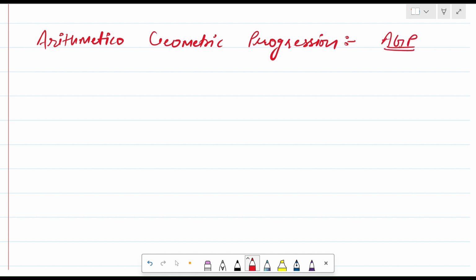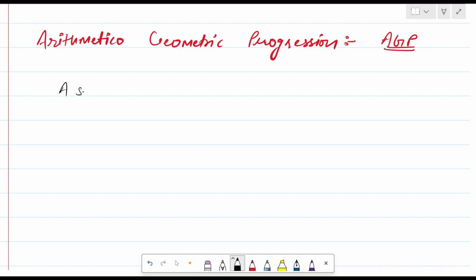So what is AGP? AGP is not a sequence, it's a series, each term of which is formed by multiplying a corresponding term of an AP and GP. So what is the definition of AGP?